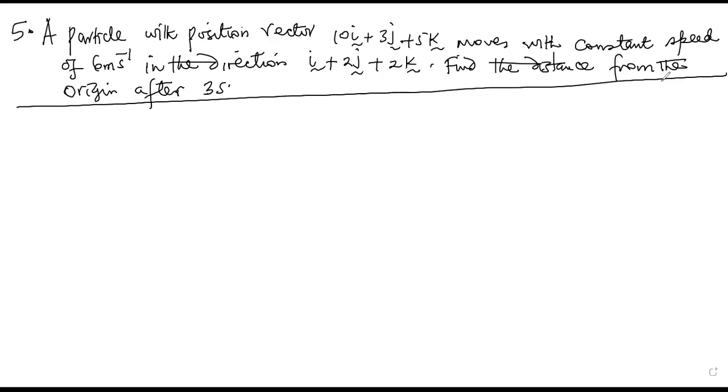Somehow tricky, but very easy. Because the only thing is that they have given us the magnitude of the speed, and they have given us the direction. So we need to know how we get the velocity.